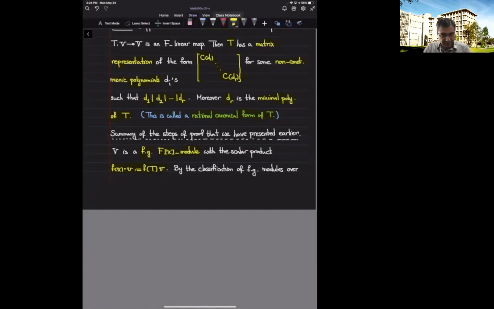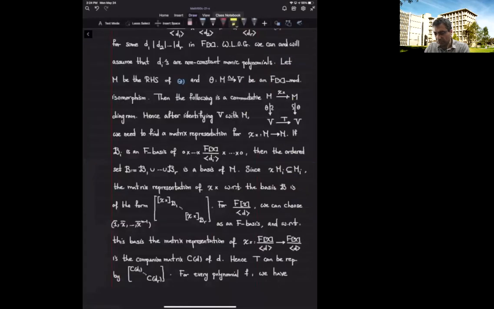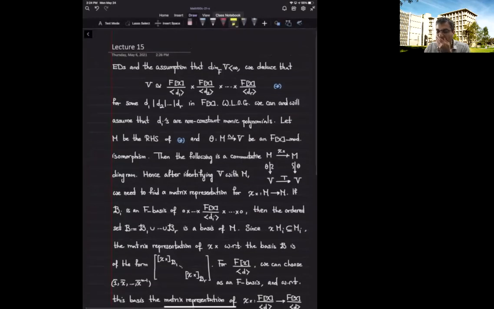It's clear that it's a finitely generated F[x] module, and we used the classification of finitely generated modules over a Euclidean domain. We noticed that F[x] is a Euclidean domain, so we are allowed to use it. Combine it with the fact that dimension of V is finite as an F vector space.